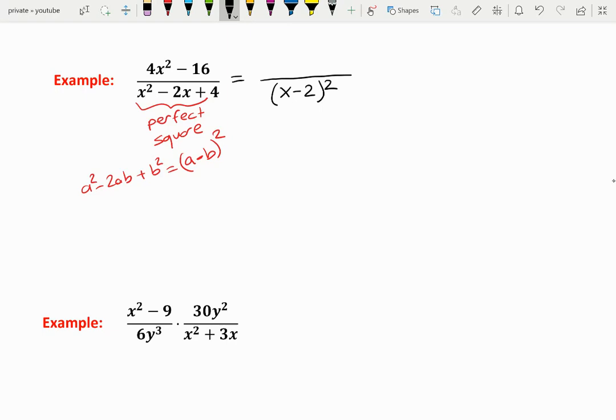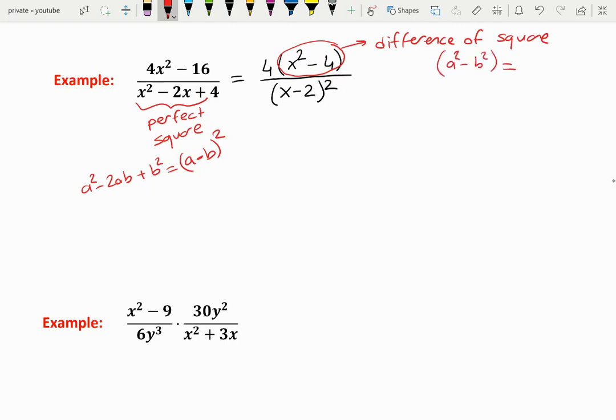On the numerator, I will factor out 4. Inside the parentheses, I have x squared minus 4. This one here is a difference of squares. What was it? a squared minus b squared can be written as a minus b times a plus b. So let's go back to my example.